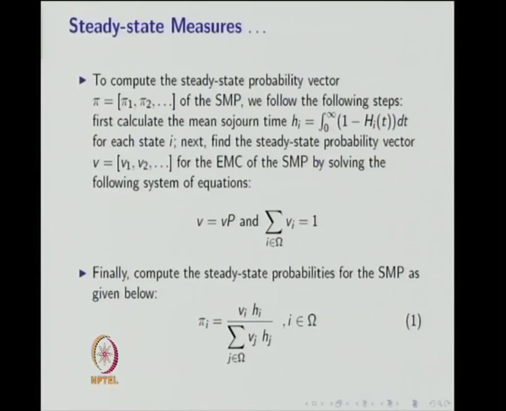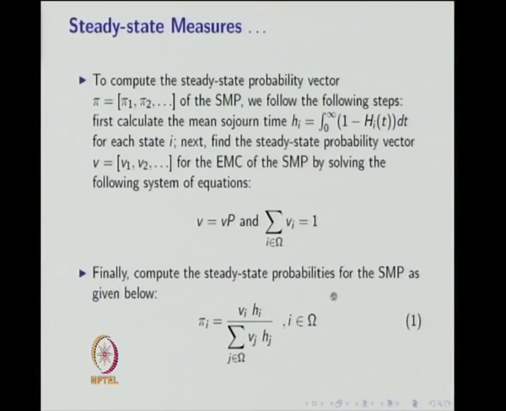First, calculate the mean sojourn time, that is nothing but the small h_i. Since H_i of t is the distribution function, the integration of 1 minus H_i of t between 0 to infinity will be the mean sojourn time, because each random variable is a non-negative random variable. Therefore the mean is the integral from 0 to infinity of 1 minus the CDF, for each state i.